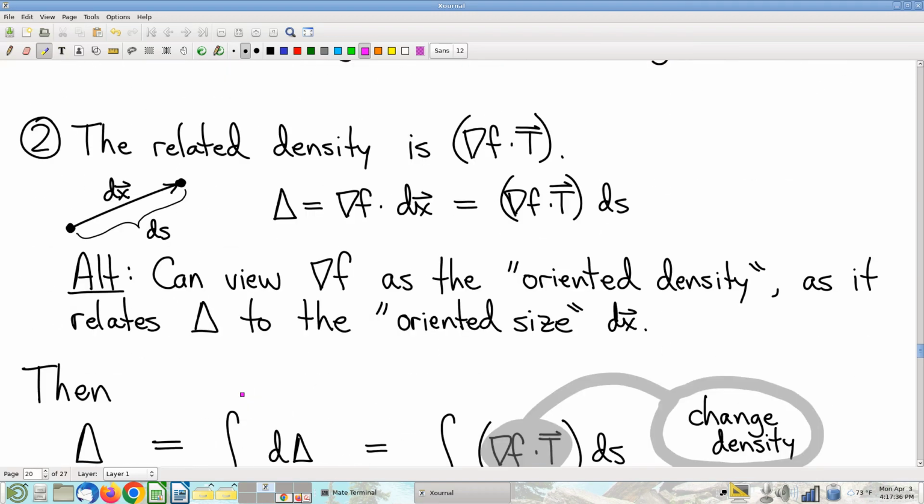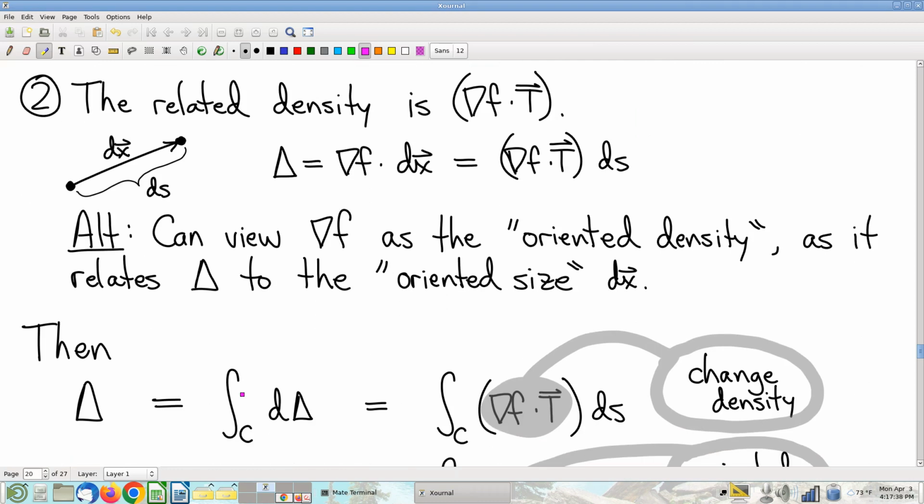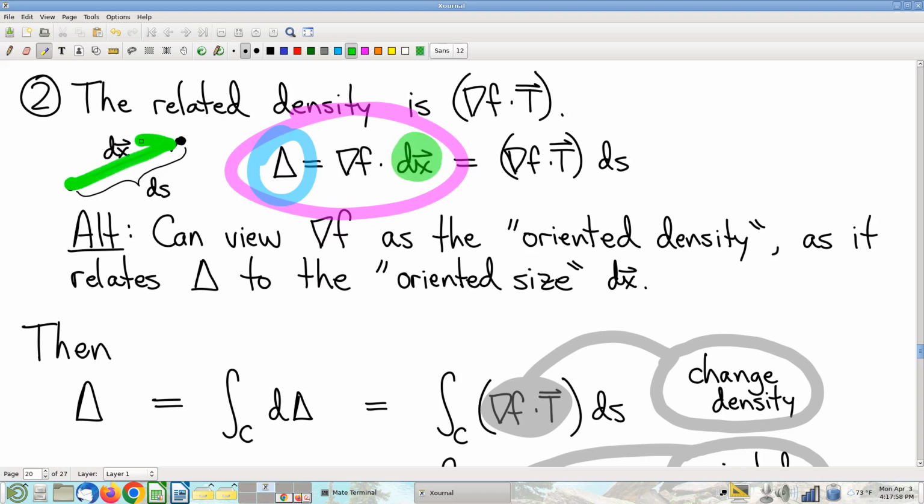Furthermore, we know how to relate output changes and input changes. We have this old rule right here from chapter 2 that says if you want to know output change, how much does the value of the function change compared to input change, namely how much do I move in the domain? Well, that's what the gradient does.